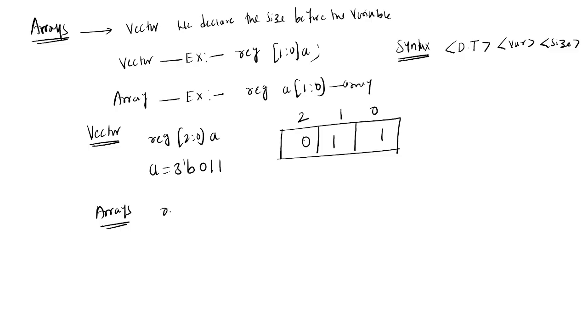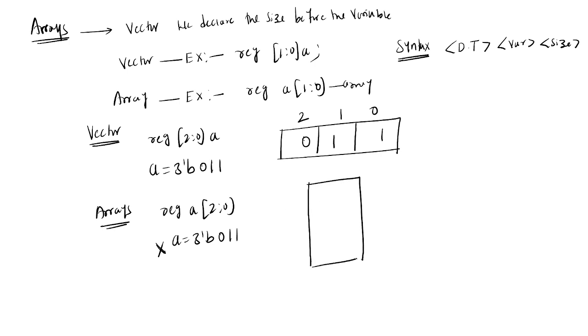Coming to arrays, reg a [2:0]. Here I am allocating a equal to 3'b011, but we can't give it like this. Three locations are there, and they will form vertically: the 0th location, first location, and second location.